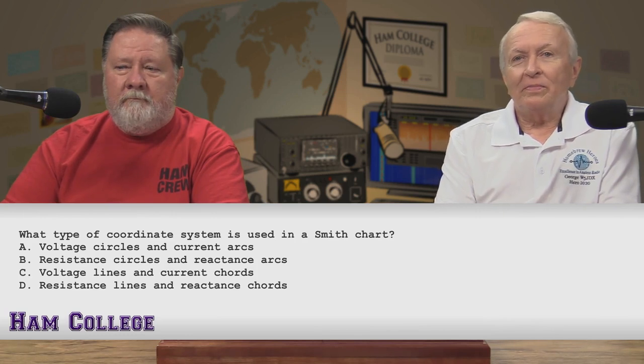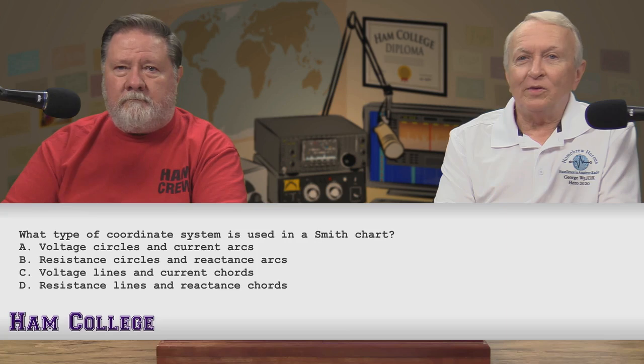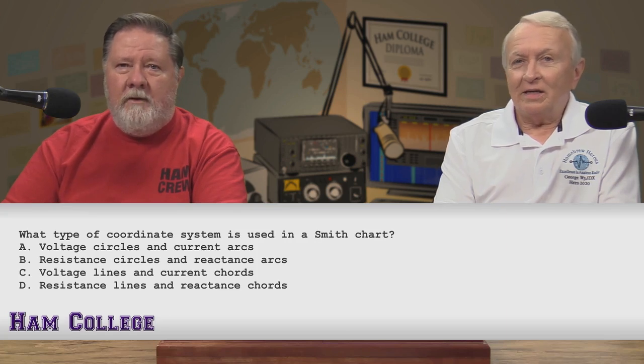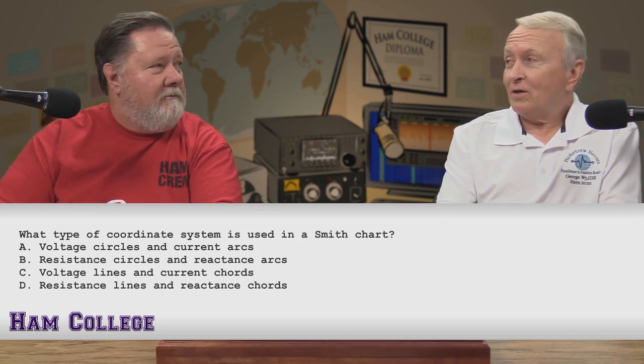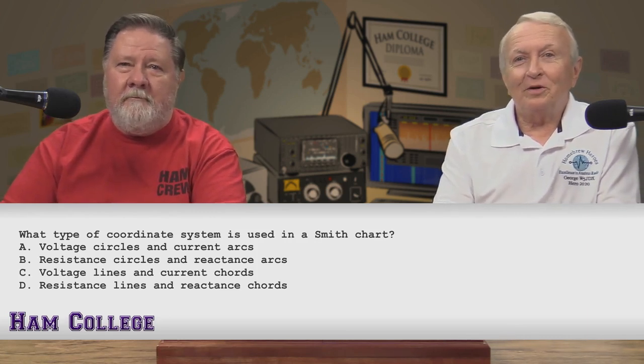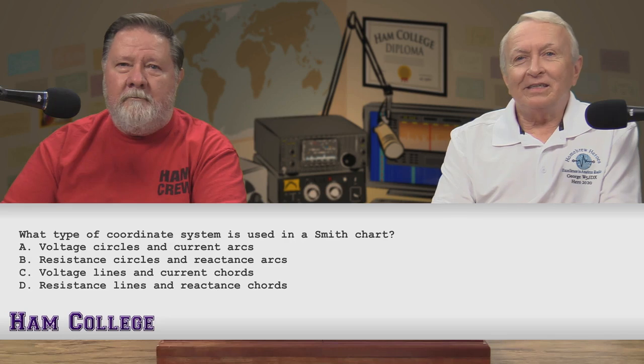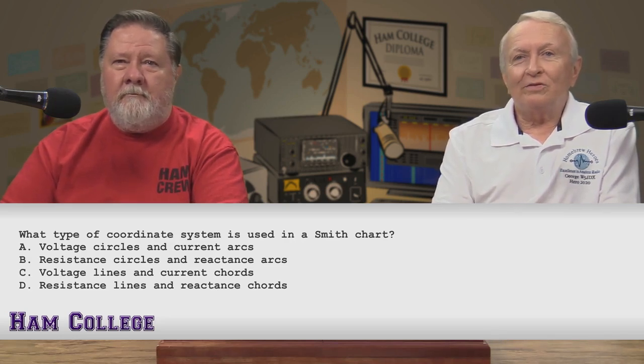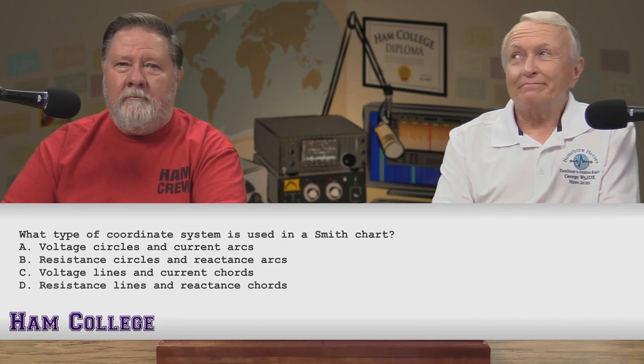Well, it's not an instrument that you play music on, so it doesn't have any chords. I don't think it has any chords spelled like that anyway. So I'm going to knock out C and D. So voltage circles and current arcs, nah.